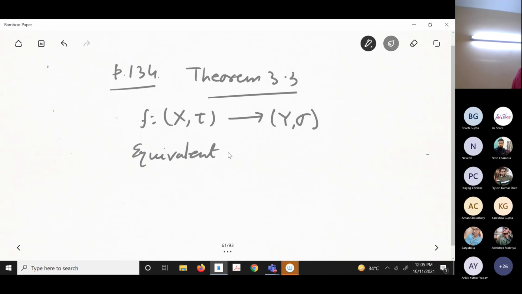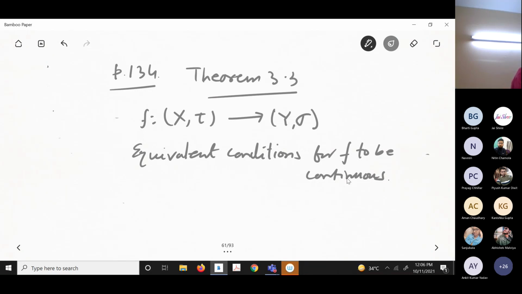Equivalent conditions for f to be continuous. That means continuous on whole X, that means continuous at each point. Now look here.